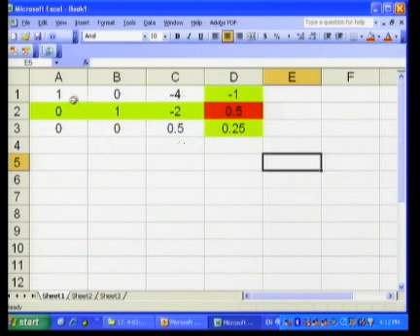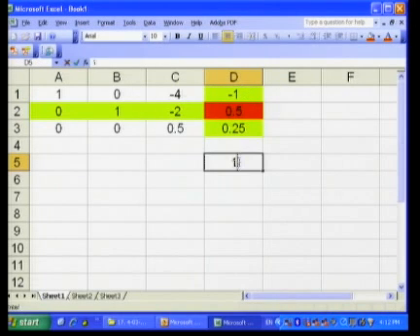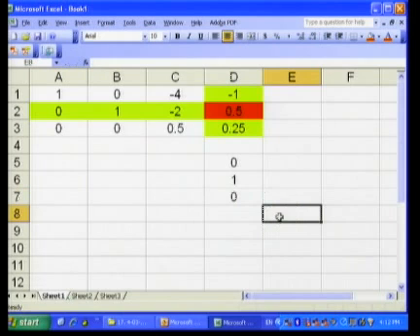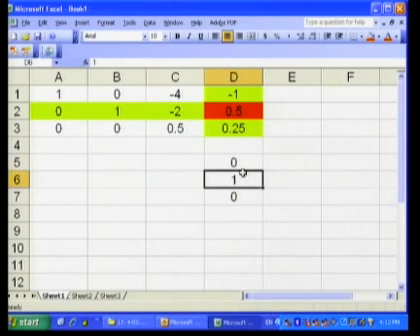And in the next step, we need to make this part 0, 1, 0, right? So first of all, we need to make 1 from 0.5. So the second row must be multiplied by 2, right?